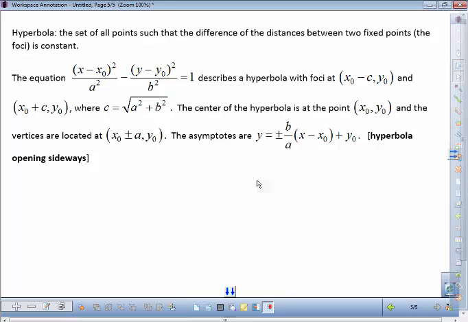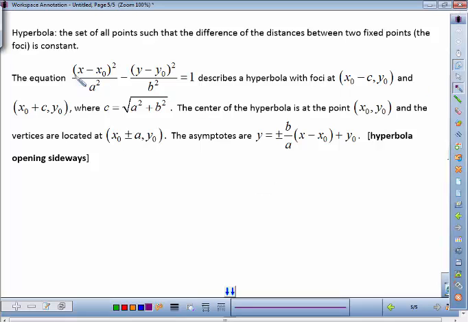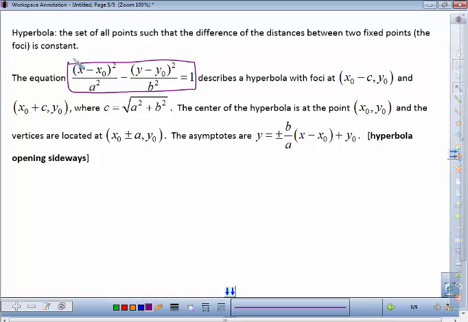So what is the difference, in terms of the equation, between the equation of a hyperbola versus the equation of an ellipse? There's going to be a negative sign in the hyperbola. Now, whether the x is negative or the y is negative is going to depend on how this is going to look.